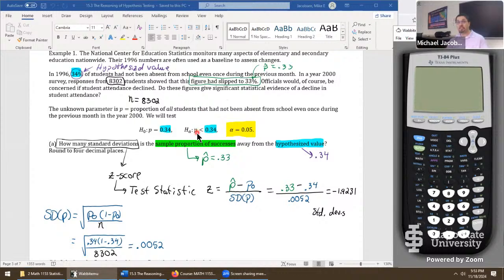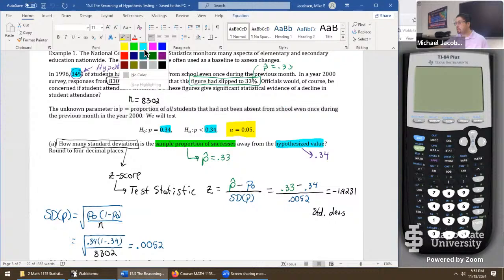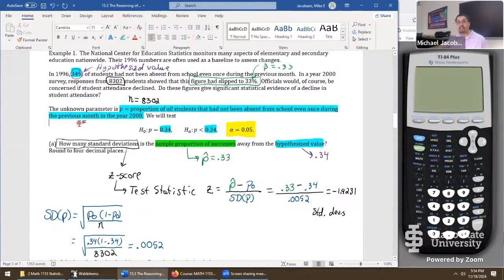So this is directly asking the research question, in 2004, has that proportion gone down below 34%? Here, we also have the population proportion indicated this way. Let's highlight that. The same proportion that we indicated in section 15.1 as well at the end of the notes.